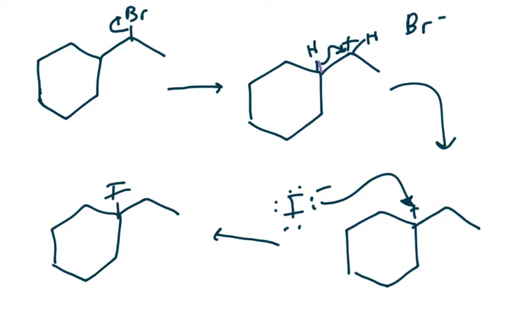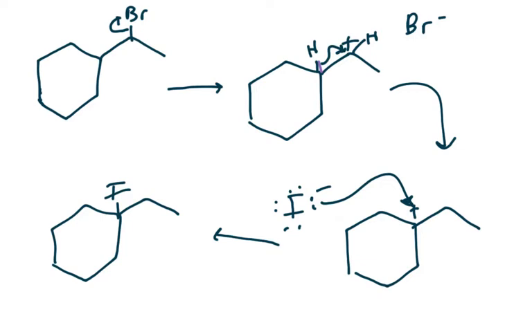So by the time that this iodine comes in, even though actually this carbon isn't chiral, but let's pretend it was. If this nucleophile comes in, some of them are going to be one way and some of them are going to be the other way with the 3 things that are on there. So what's going to happen is something called a racemic mixture, where we have some of the R and some of the S. And that's always going to be the case in SN1.